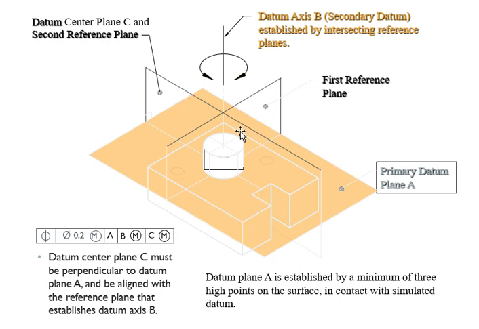So we're going to bring in another datum center plane C right there, which is your second reference plane. This is your first reference plane. That datum center plane C has to be perpendicular to plane A, and it has to be aligned with the other 2 reference planes that establish the datum axis B right there.